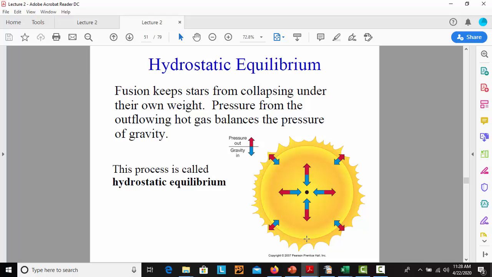Fusion creates a pressure that pushes out on the star's surface, and gravity is pulling in. If it's in hydrostatic equilibrium, the pressure pushing out equals the gravity pulling in, and the star doesn't change.